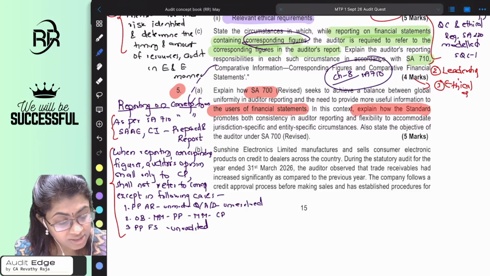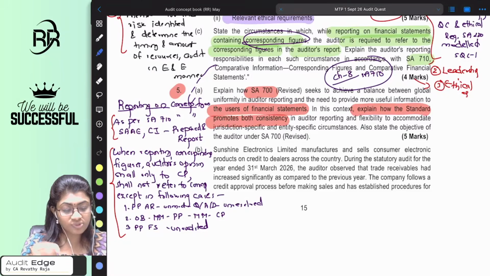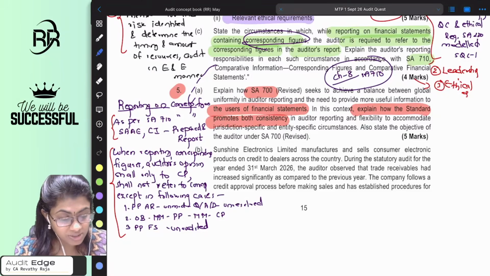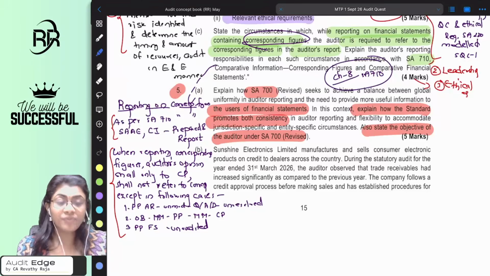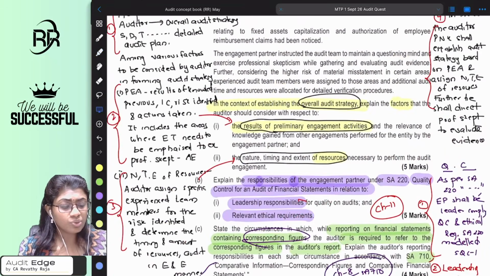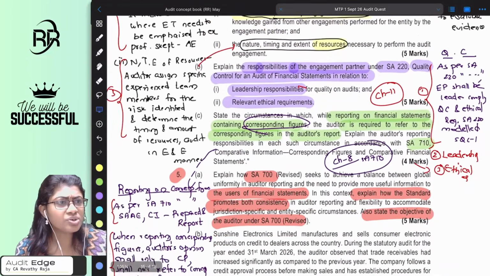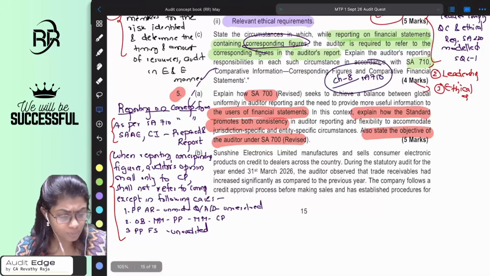In this context, explain how standards promote both consistency in reporting and flexibility to accommodate the jurisdiction of specific entities and circumstances. Also state the objective of the auditor as per SA 700. So here also, like the two questions which we discussed, it's a direct question. So no need of in the given case or conclusion. Just write what they have asked and conclude.